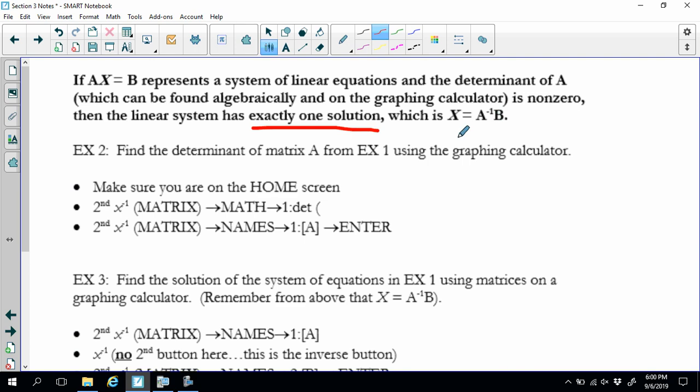Now in this case, when we do matrices, we never divide. We can only add, subtract, and multiply. So to move the A matrix to the other side so we can solve for the variables, we're going to take the inverse of our A matrix. And you'll see what that looks like when we plug it into the calculator.